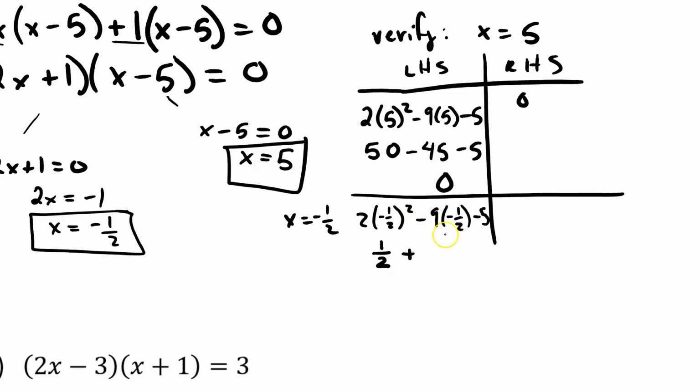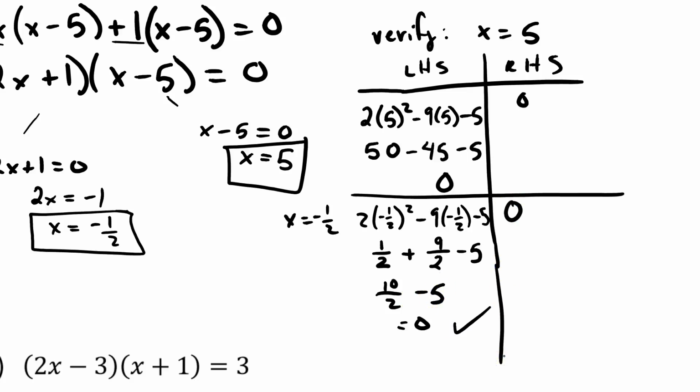Plus, because I have negative times a negative, 9 over 2 minus 5. So what I have here is 1 plus 9 is 10 over 2 minus 5. Guess what, folks? That's just 0. Because 10 divided by 2 is 5, minus 5 is 0, and left-hand side equals 0. Woot, woot! We're verified.